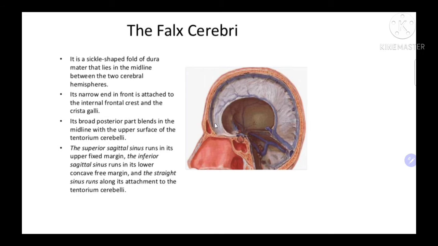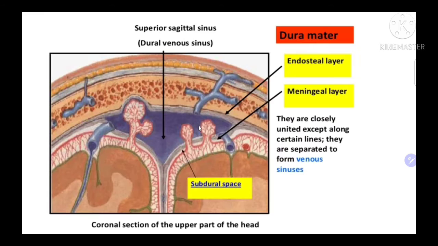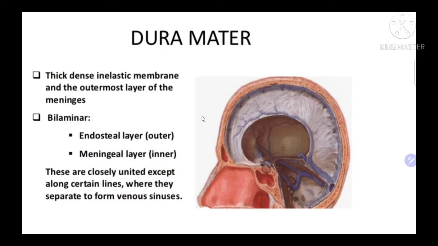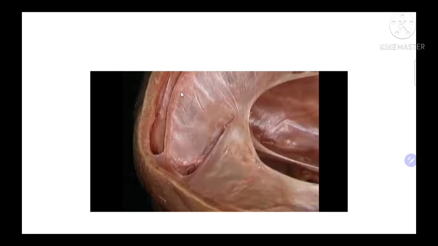You see here the superior sagittal sinus all over, and look here, we cut the superior sagittal sinus, and you see this is the arachnoid villi, these are the Pacchionian granulations. And you see here again, this is the falx cerebri, and you see the superior sagittal sinus finishes here.